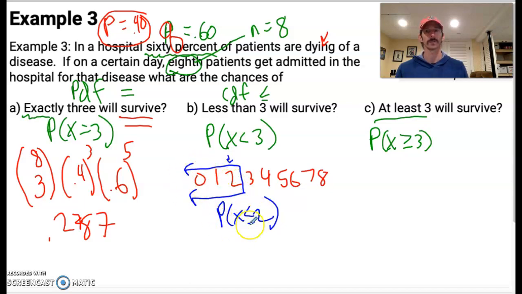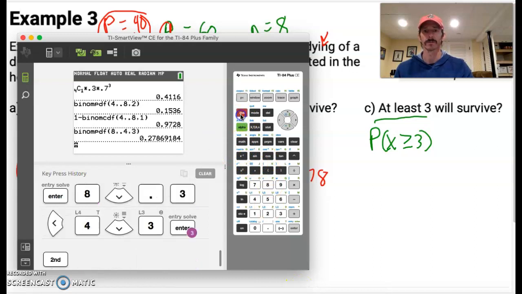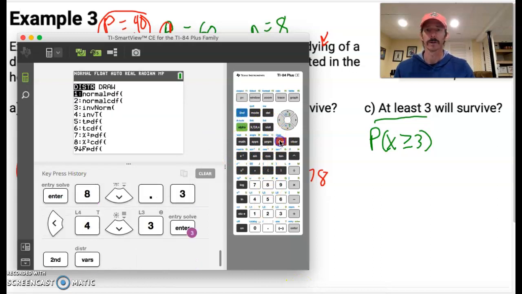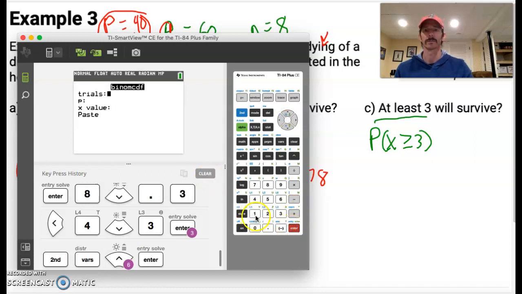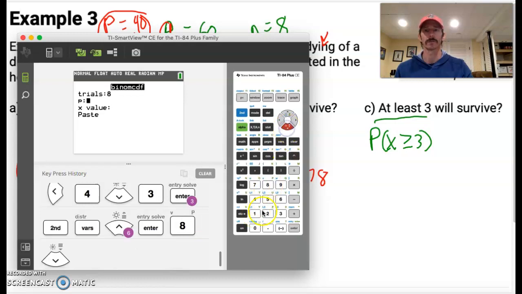The calculator benefit here is I can go and do the cumulative one. So if I go to my calculator, and I go second VARS, and I go to binomial CDF. There we are. Again, we had 8 patients, and the probability of being well or surviving is 40%.